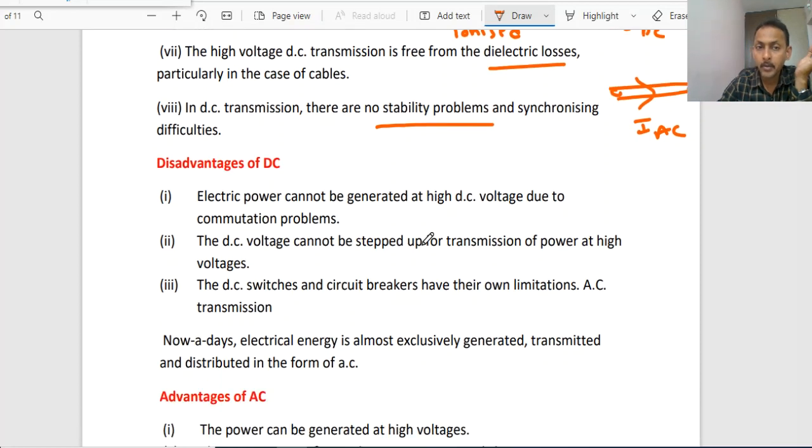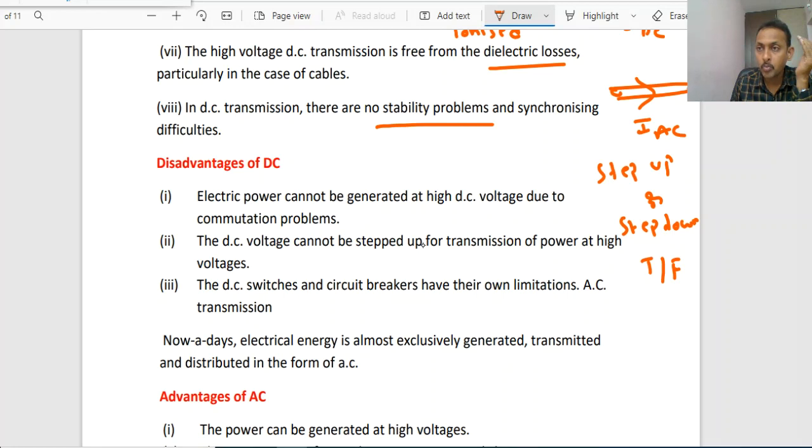The major problem is, if it is AC, we can step up or step down the voltages using the transformer, but that is not the case with respect to the DC.